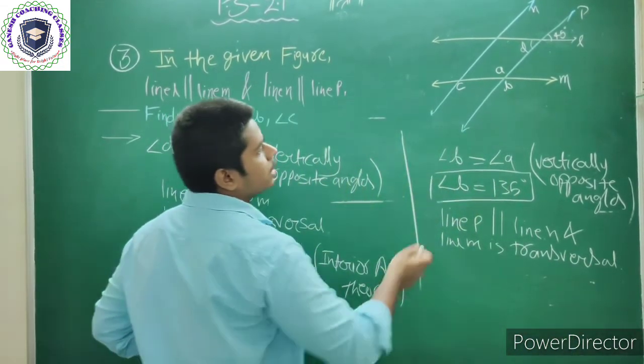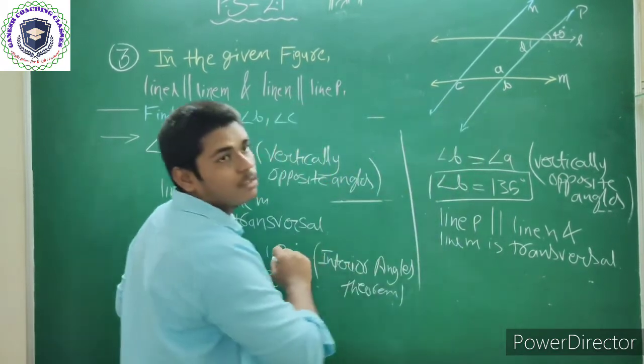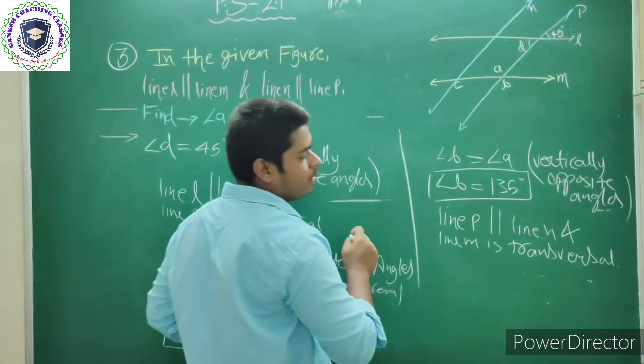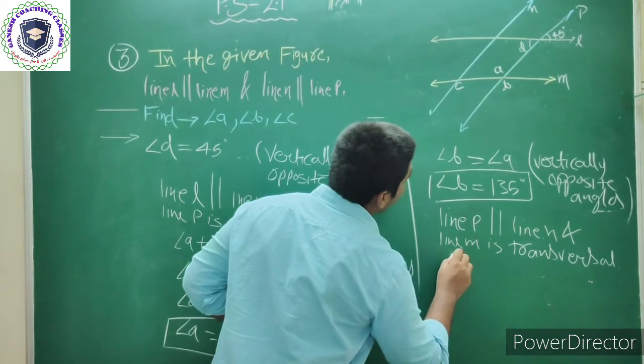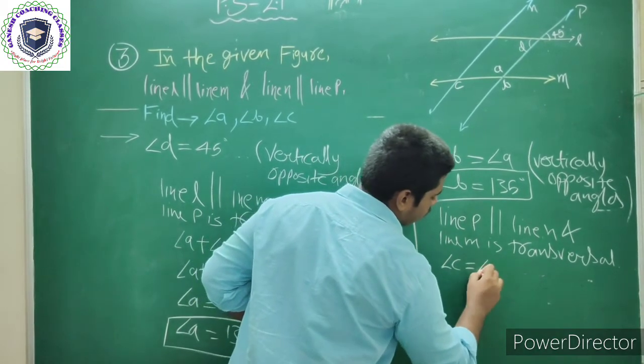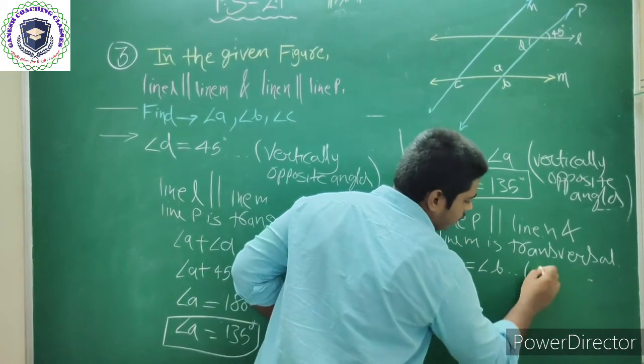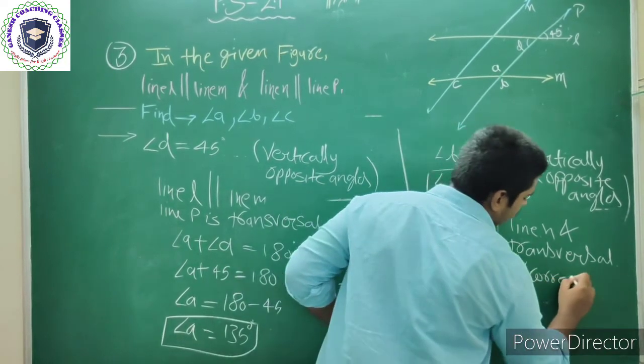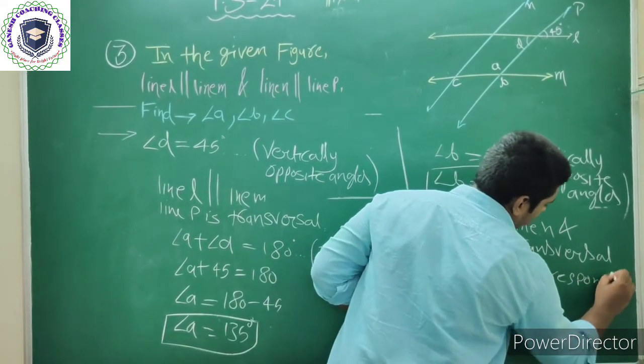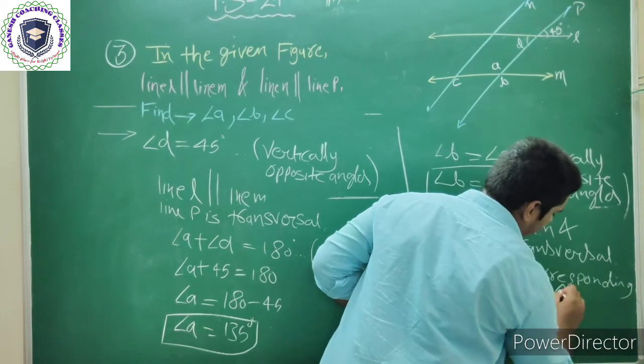So we can conclude that B and C are corresponding angles because these two angles look the same. So here angle C is equal to angle B. These are corresponding angles.